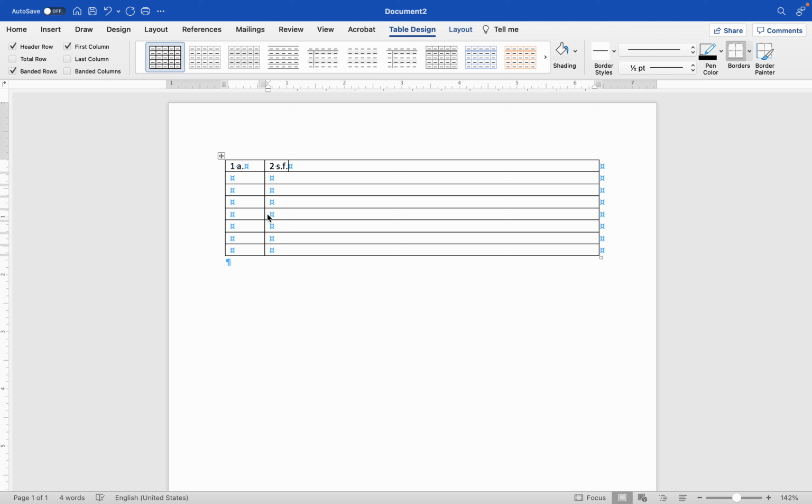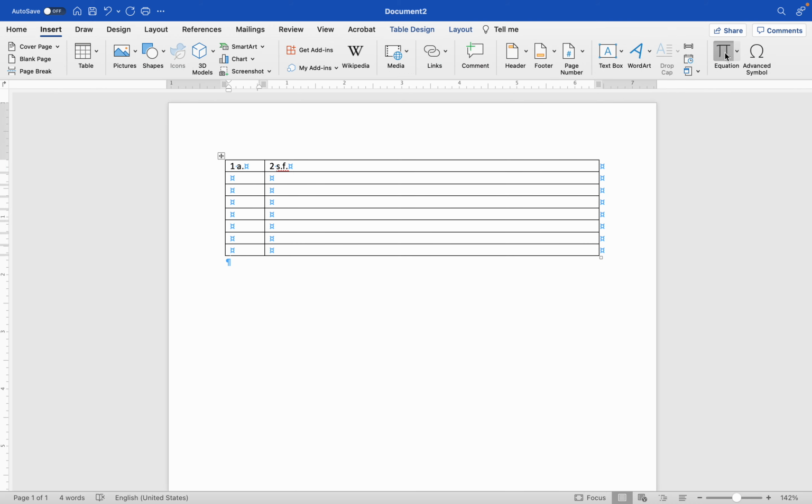But what I want to show you is, when you are doing calculations and you want to write a number like 1.210 times 10 to the power of 3, we can use the equation tool here.